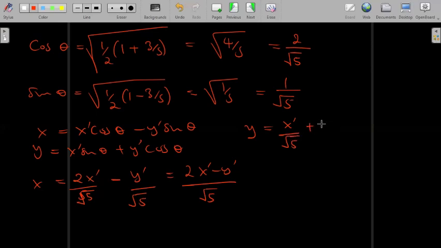Then you have plus 2y prime over root 5. Then I can join this, so this is just equal to x prime plus 2y prime over root 5. So I've joined these two.